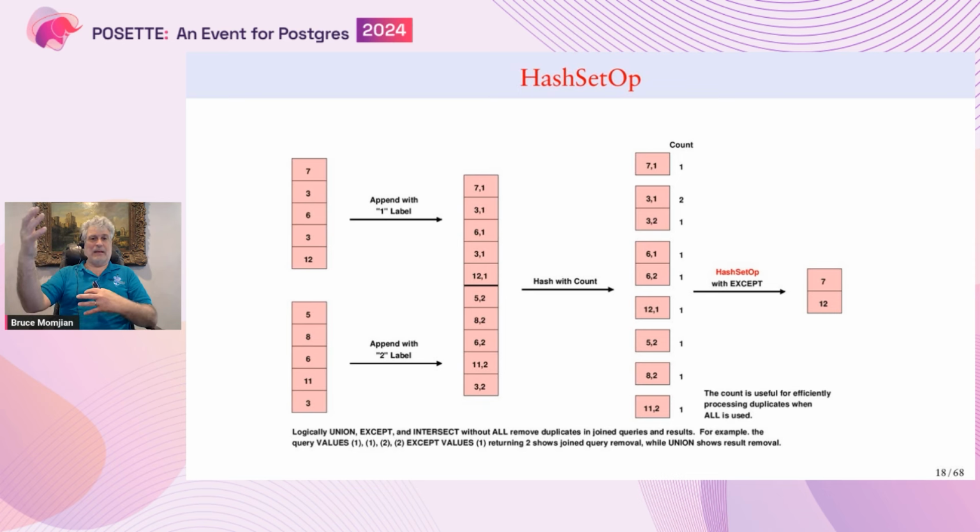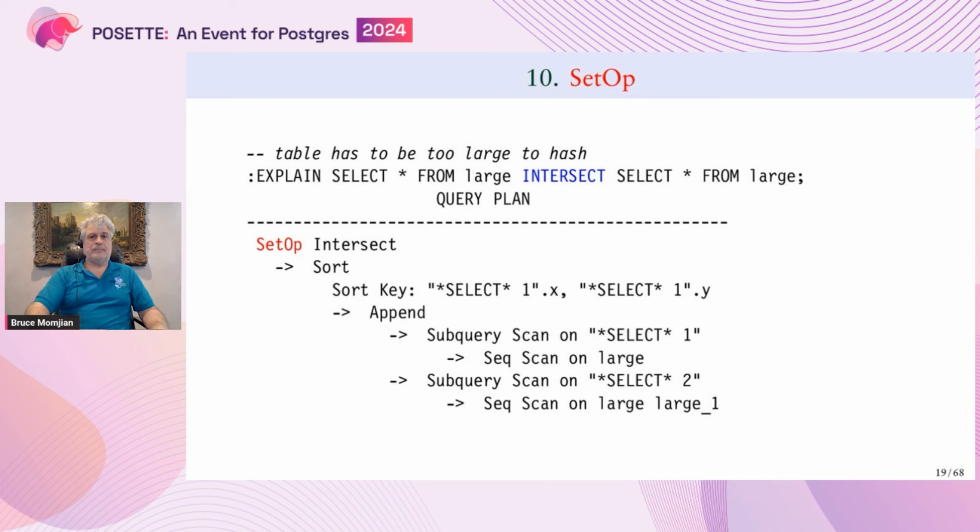So any case that has a 1 result without the 2 result is effectively what we output. You can see from the results here on the right, 7 and 12 are the only cases that have a 1 without a 2 in terms of sources. And that's why you get the 7 and 12 coming out of that result.